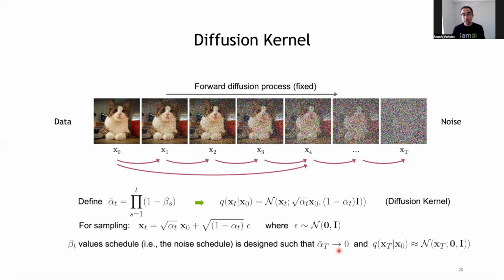And when this converges to zero, if you just set alpha bar t to zero here, you're going to see that because of the way the forward diffusion process is defined, this diffusion kernel at the last step, x capital T given x0, can be approximated using a standard normal distribution. This basically means that at the end of this process, diffused data will have just a standard normal distribution. This is something that we will need later when we want to define a generative model.